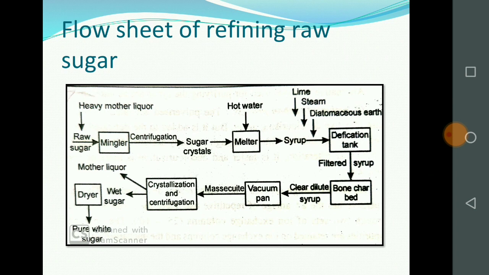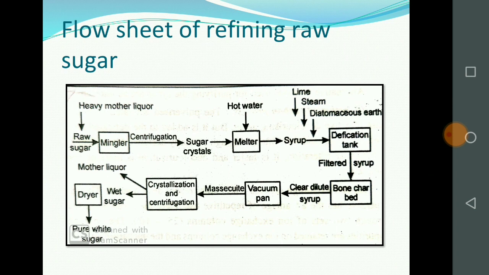Now the next step is crystallization and centrifugation. The sugar syrup becomes diluted due to defecation, so it is sent to a vacuum pan where it is concentrated under reduced pressure. The massecuite so produced is sent to a crystallizer. Then sucrose crystals are separated by centrifugation.